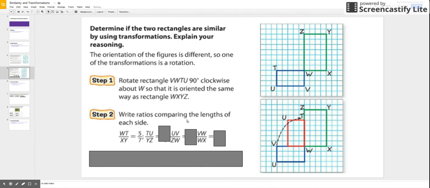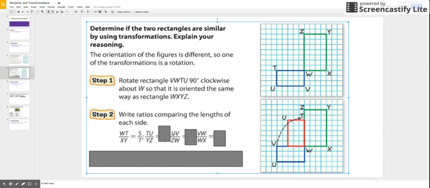So 5/7. Let's look at TU and YZ. Okay, because TU corresponds to this YZ. TU is 1, 2, 3, and YZ is 1, 2, 3, 4.